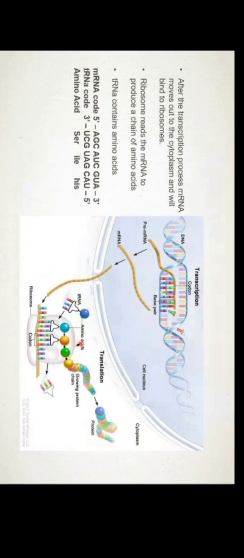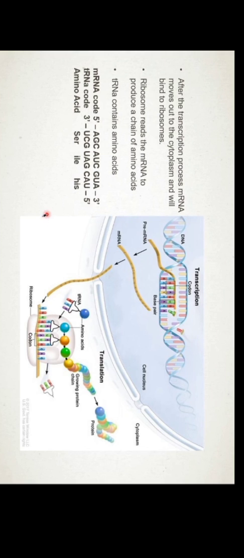Okay. So for the translation, once the mRNA is ready, it will go out of the nucleus of the cell towards the cytoplasm, and that mRNA will attach to the ribosome, and the ribosome will read the mRNA strands and will produce the amino acid sequence or your protein.